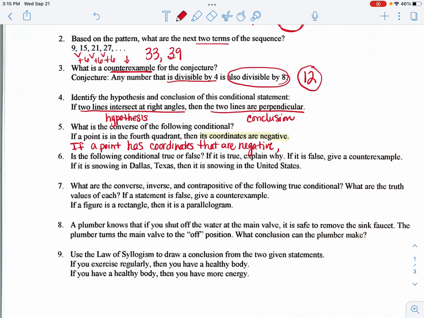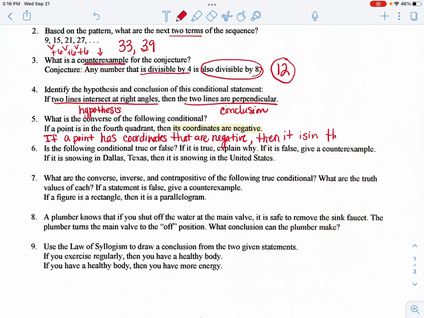Then I'm going to switch it and say then it is in the 4th quadrant.